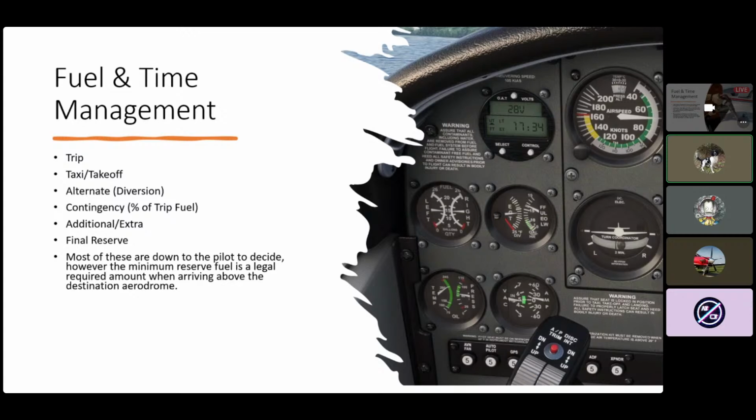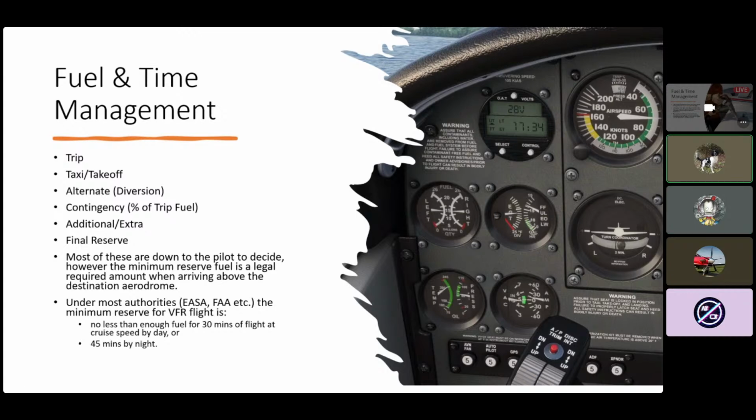There's a minimum defined, and under EASA, the European regulator, the UK now being a separate entity, and the FAA, the American regulator, that is no less than enough fuel for 30 minutes of sustained flight at the cruise speed by day, or at night 45 minutes.